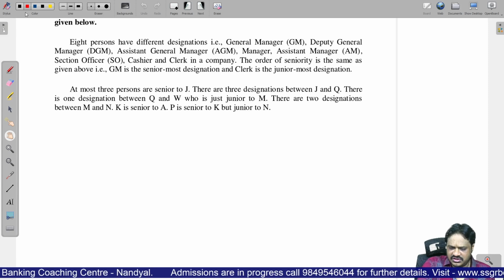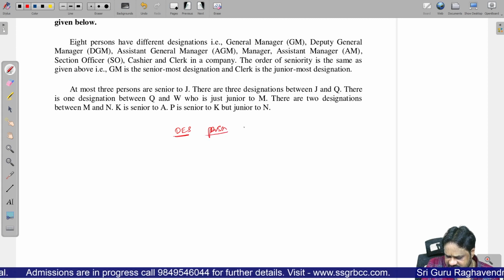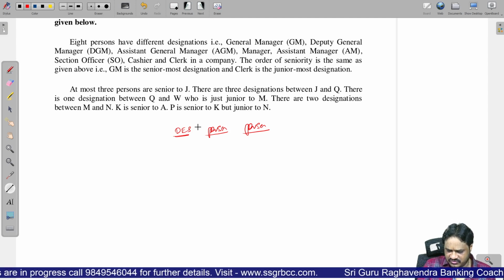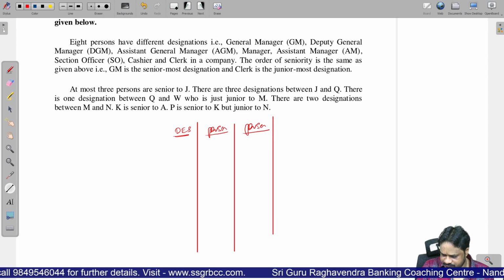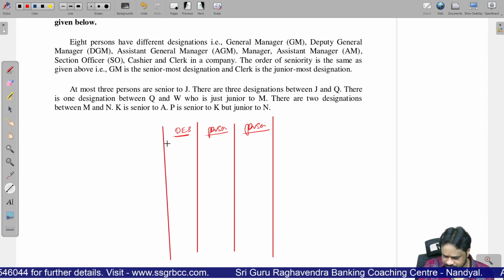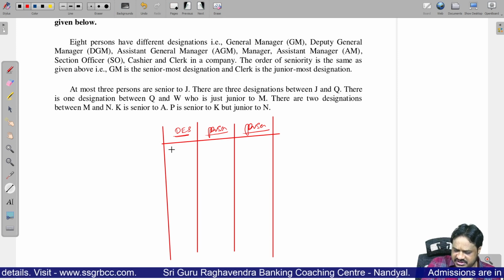Now, all of you open one 3-column table. First one is the designation, next one is the person, and also next one is the person. So one 3-column table we are going to draw. Here it is clearly given general manager is the senior.